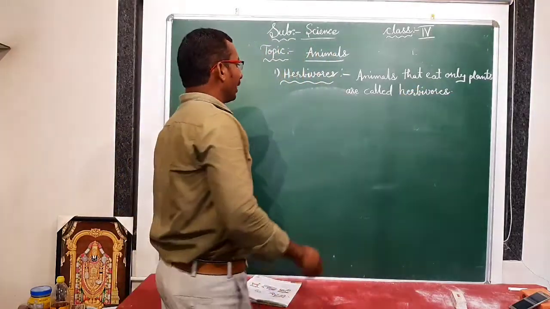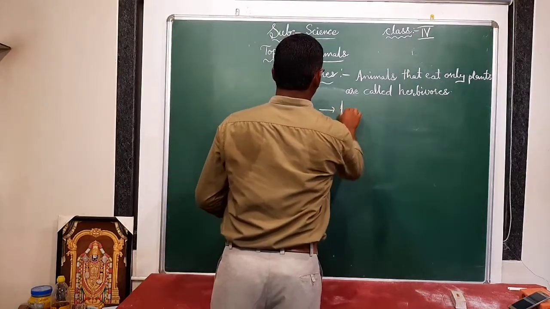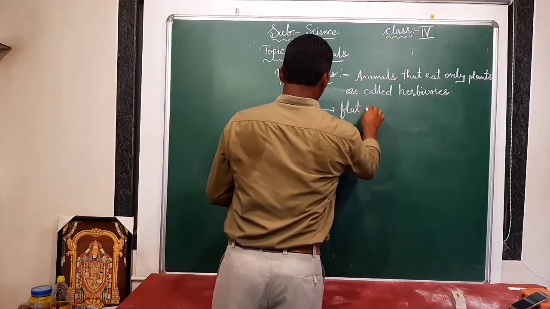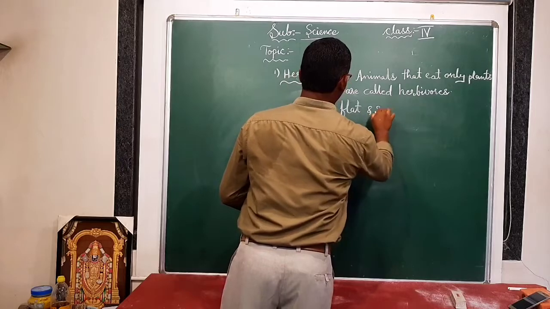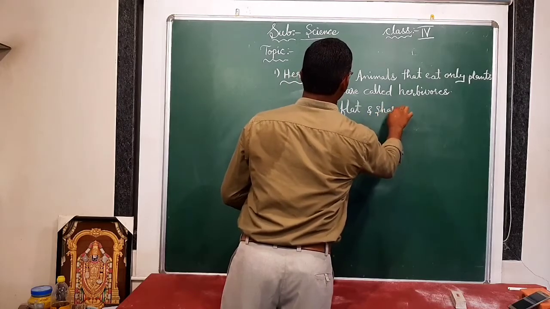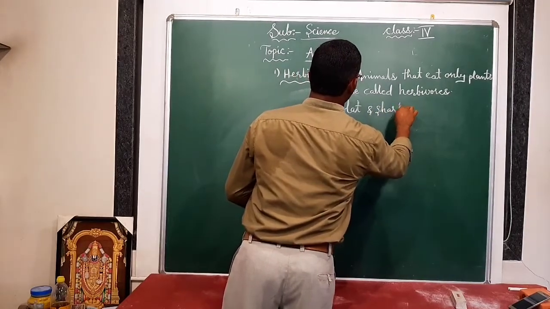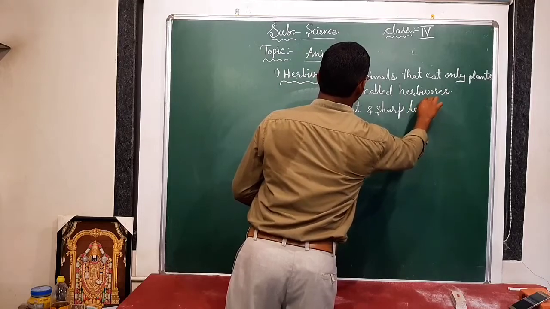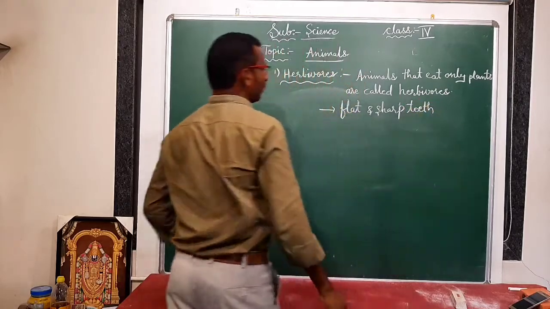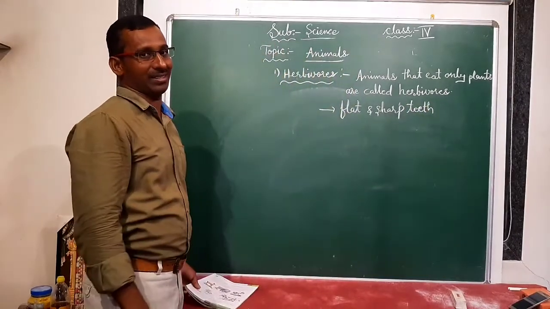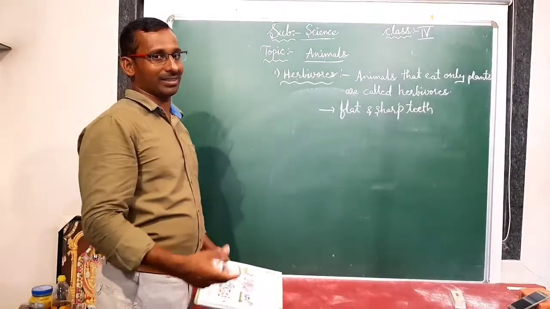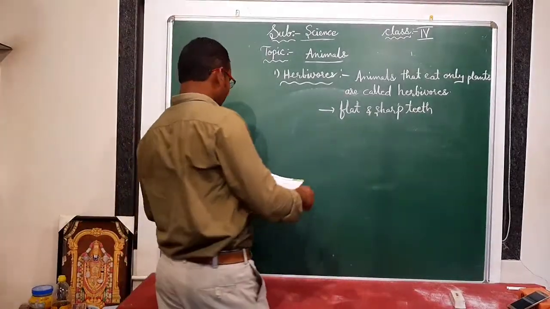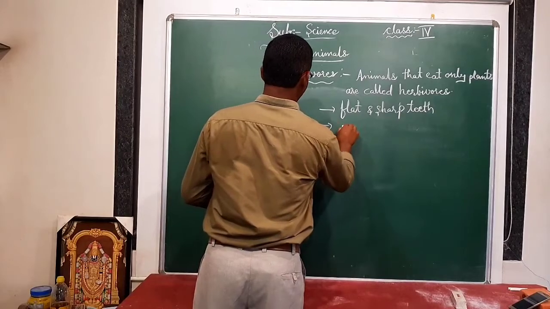And they have flat and sharp teeth. That is why they can eat plants and grass. They can bite the grass and chew it.